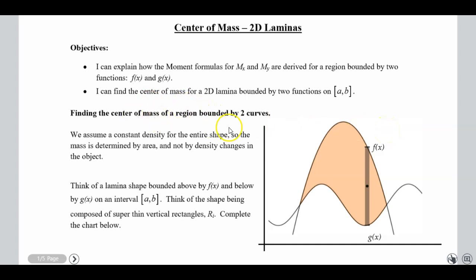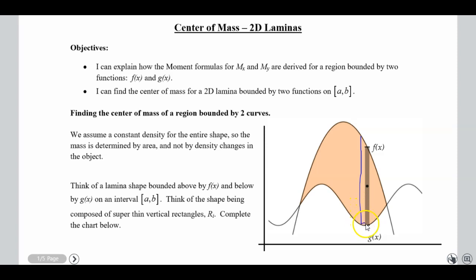And what I want to do is find the center of mass of a region bounded by two curves, assuming constant density over that whole region. So what we can try is something similar to what we saw in the last video, which is taking rectangles, and I'm going to draw in a couple extra here.